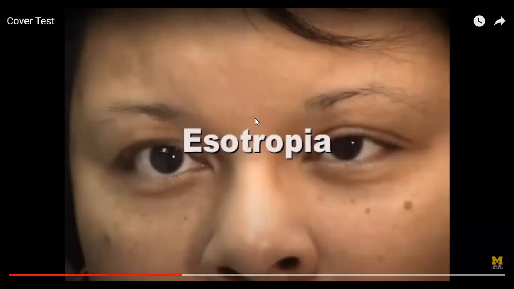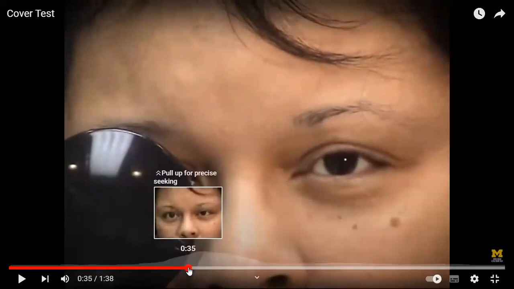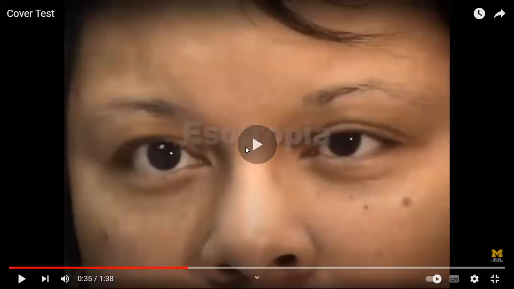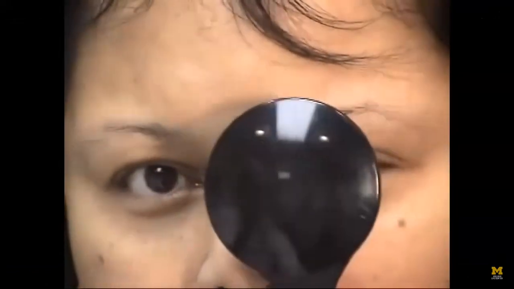The eye is deviated inward. As the fixating right eye is covered, the left eye moves outward to pick up fixation. When this normal eye is covered, spontaneously the deviated eye comes into normal alignment. Okay, just see this one more time. As the non-fixating left eye is covered, there is no movement of the already fixating right eye.